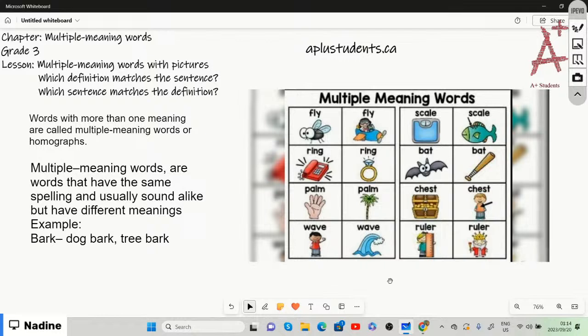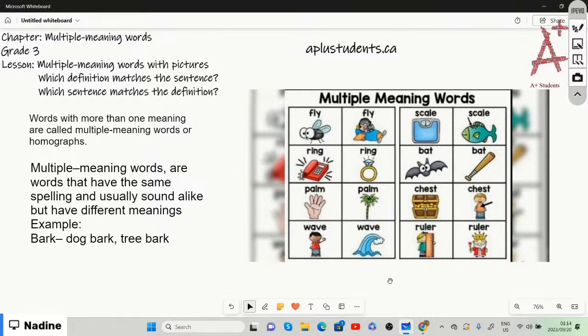And then we have ruler. The ruler that you use, a little object that you use to rule a straight line in your book, or to do a form of measurements.